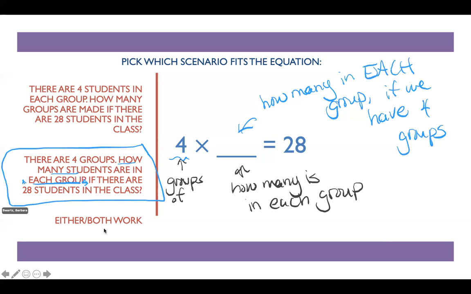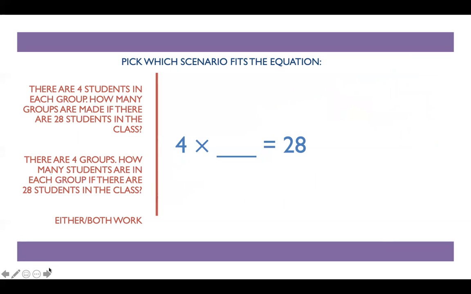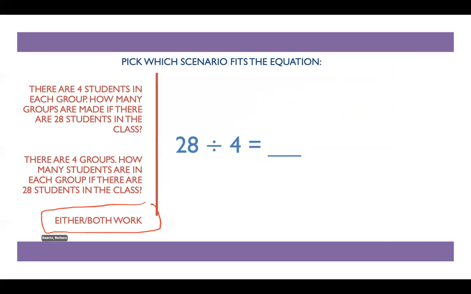I know you might have wanted to put this, or maybe you just took a guess, and that's all allowed. That's why we're recapping here. All right, now check this one out: 28 divided by 4. What I want you to see is that when it's division, either of these work.